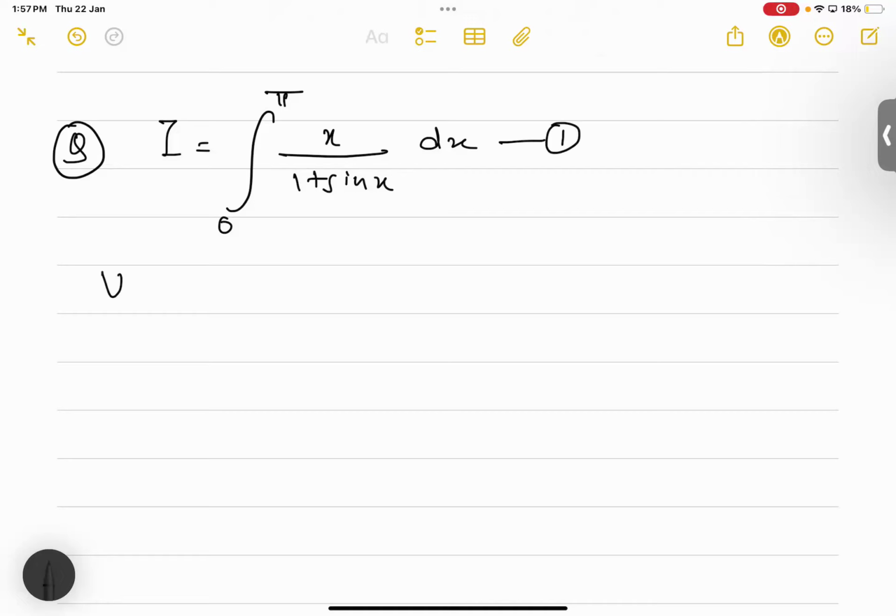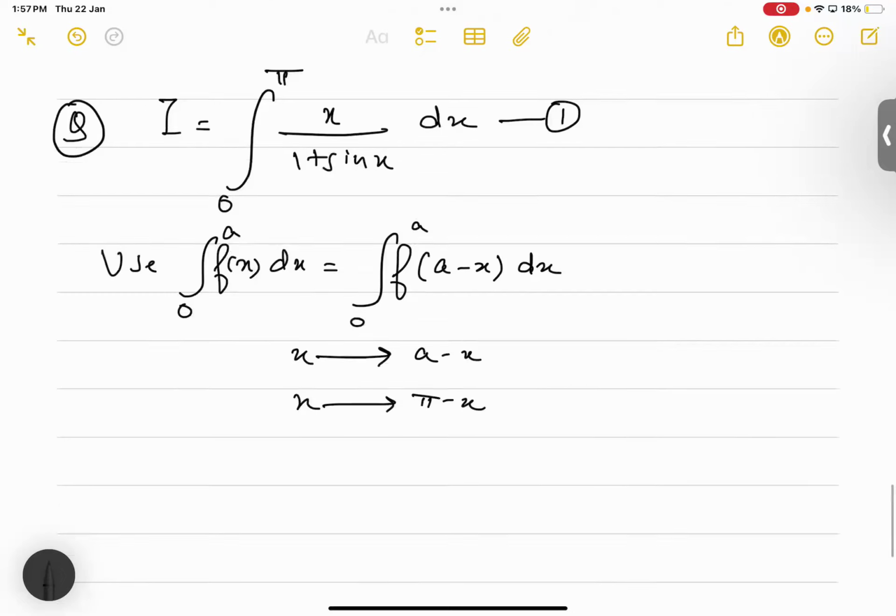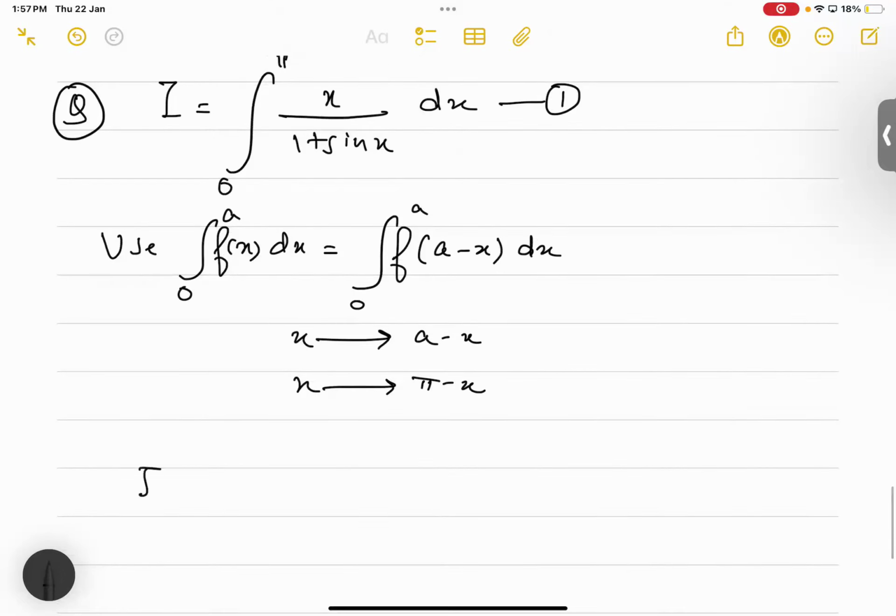Chalo, start. Now you can copy along with me. Further you don't require any guidance. Start, come on. X changes to a minus x. X will change to pi minus x.